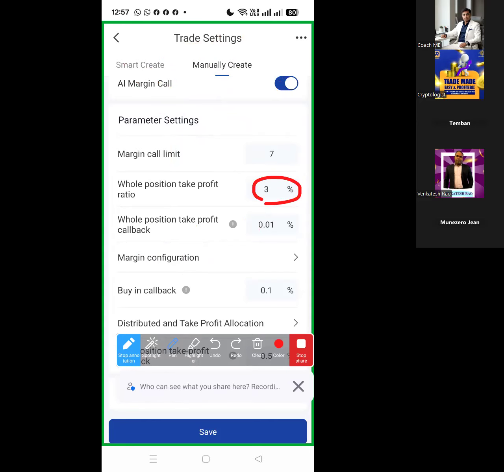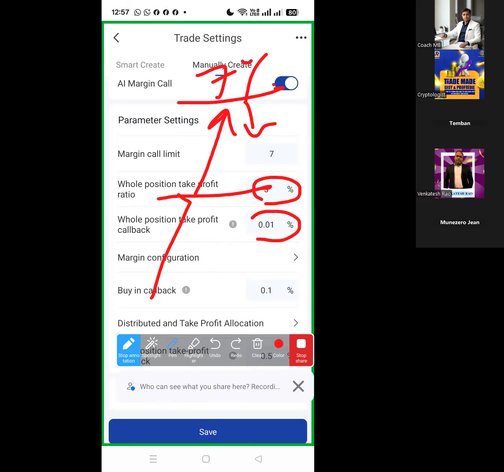It can happen after 3%, or the market can go above this. Suppose it goes to 7% more, and then it decides to fall, right? So whenever it falls by this callback percentage, only then the robot will sell for you, and it will try to give you better profits or more profit.